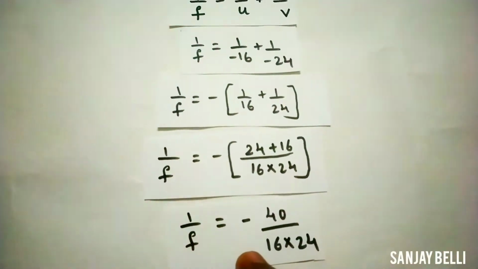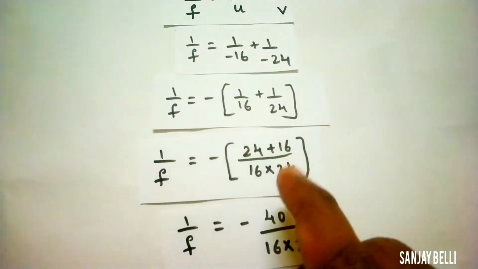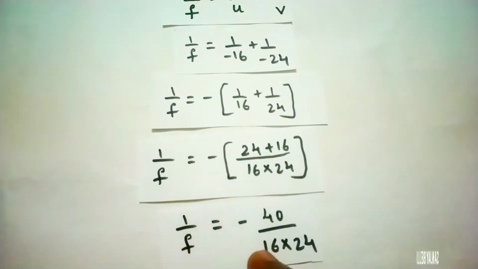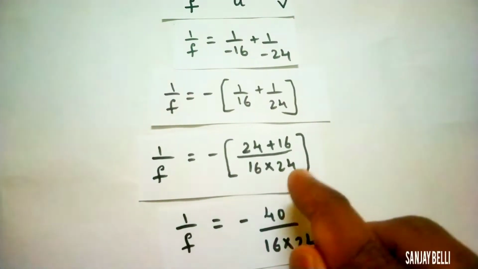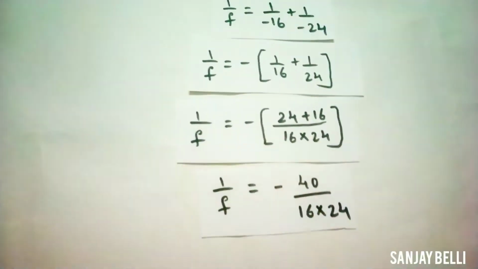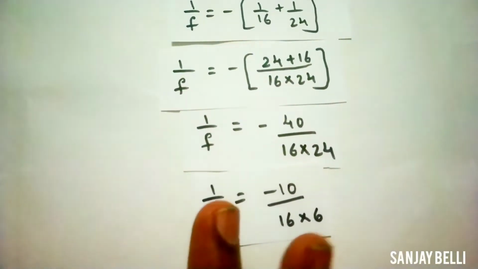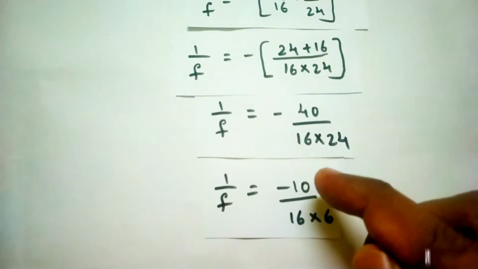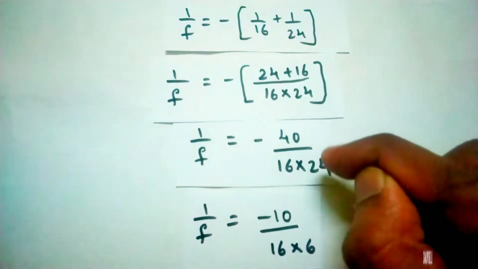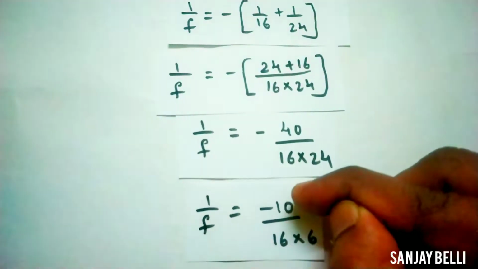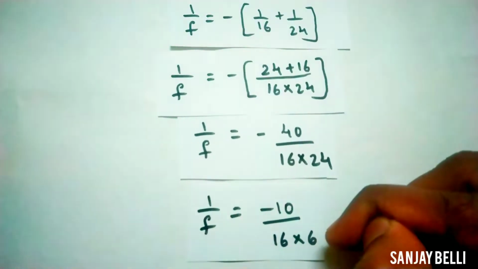Now here you can see 4 tens are 40 and 4 6s are 24, so in the 4 table we can cancel. Then 1 by F equals minus 10 by 16 into 6.